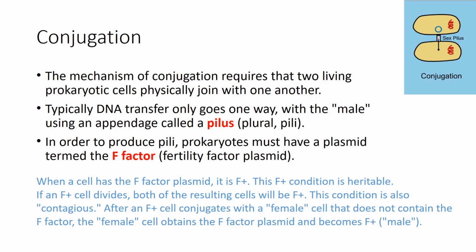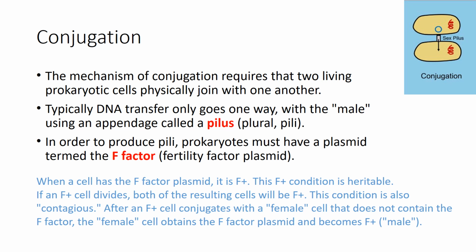So formation of a conjugation tube and transfer of the DNA. So this is called a pilus, and usually the pilus is only present on the male, right, male bacteria we call them. Of course it is very difficult for us to understand how it is male bacteria, but this is how they are called.